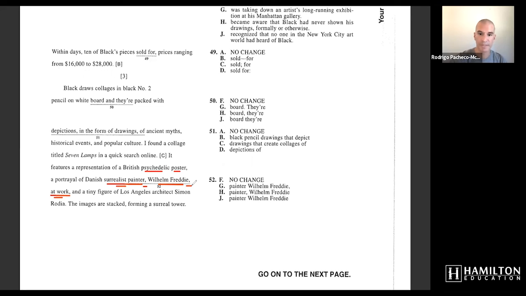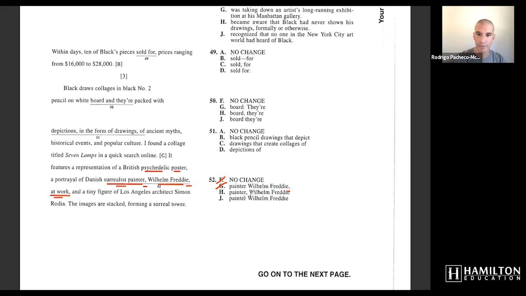We also wouldn't place a comma if a noun is followed by a prepositional phrase that functions as a modifier. Okay, so we can eliminate F. Well, with G, we have the comma after our noun. And again, we wouldn't place a comma between a noun and a prepositional phrase that modifies it. So we can eliminate G.